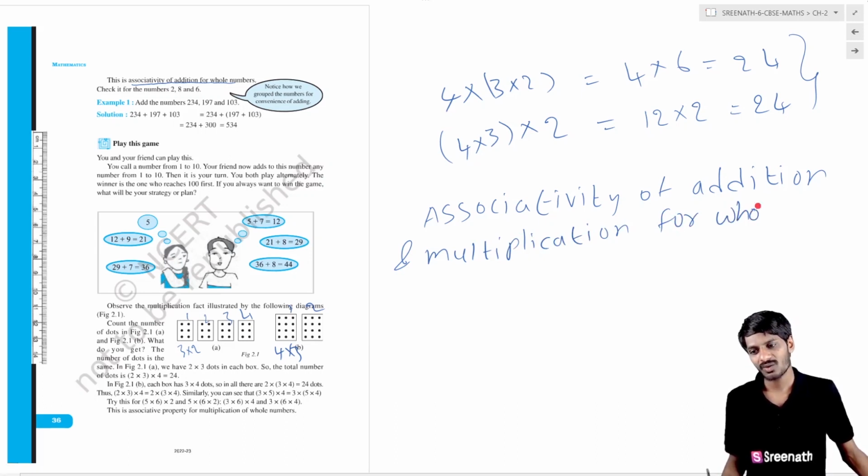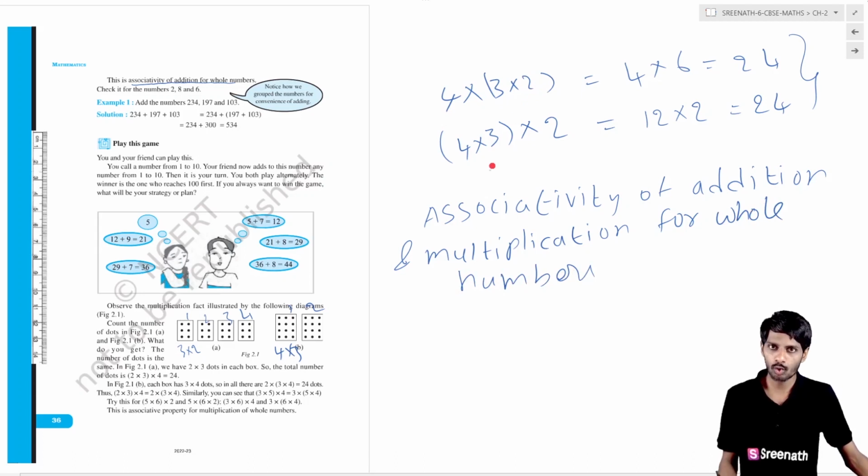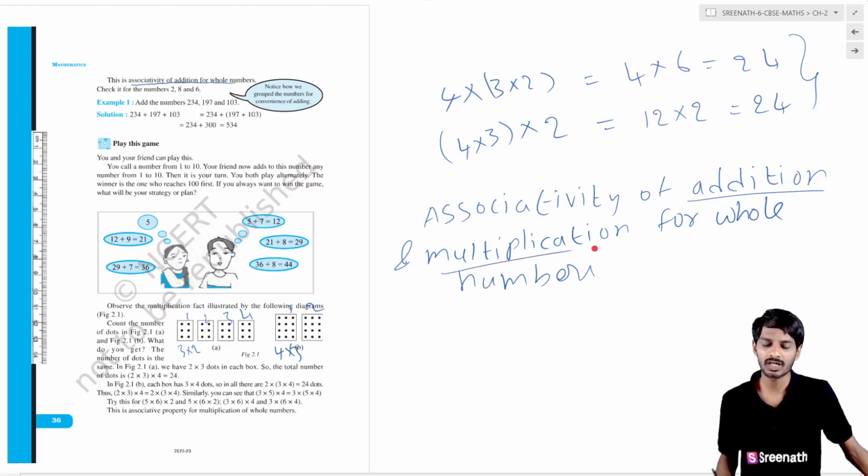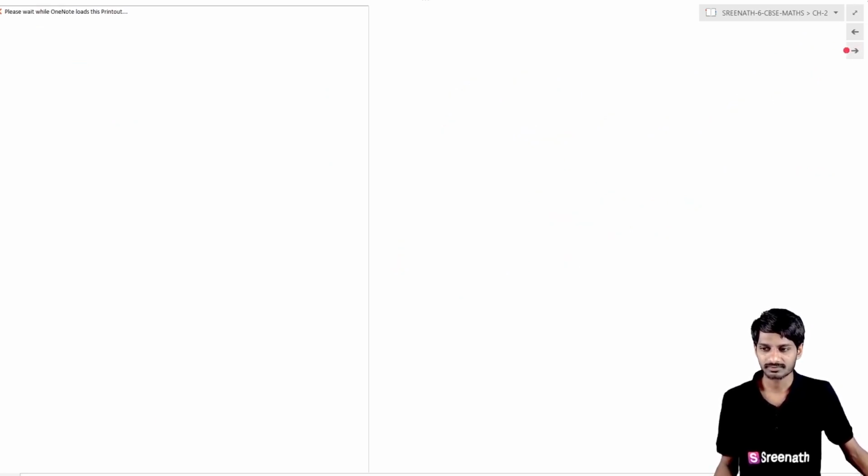Even if the grouping is changed, the result is not changed. So it satisfies the associative property. This property is satisfied under addition and multiplication.